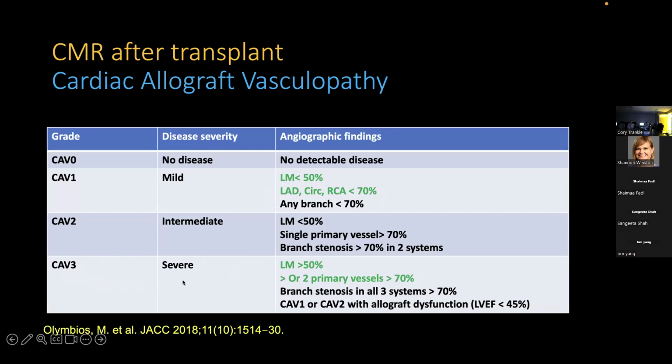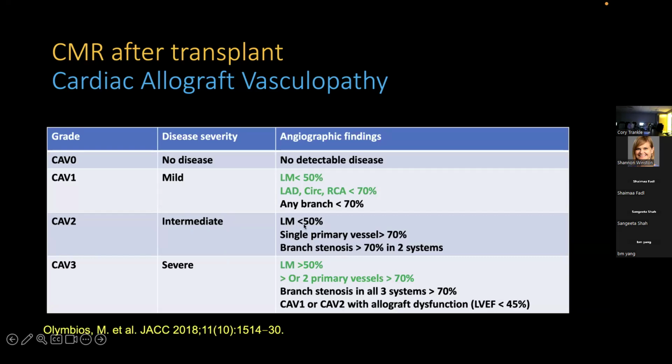Grade 3, which is severe, is when the left main has more than 50% stenosis, or more than 2 primary vessels have more than 70% stenosis, or if it is grade 1 or 2 plus allograft dysfunction. The intermediate grade is in between.